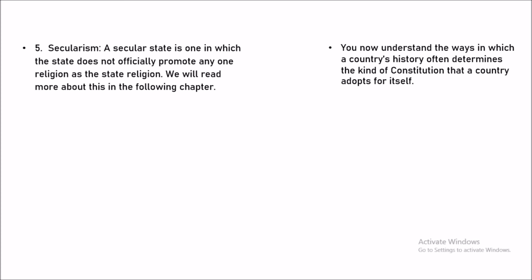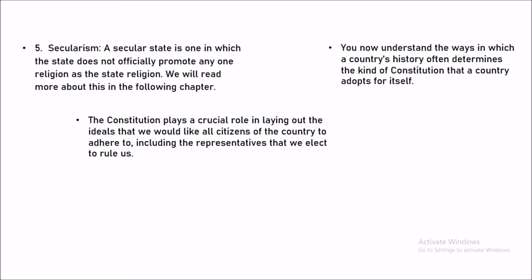So the constitution makers have an idea and the pain of what the people are going through because of this religious division, communal riots. The constitution plays a crucial role in laying out the ideal that we would like all citizens of the country to adhere to, including the representatives that we elect to rule us.